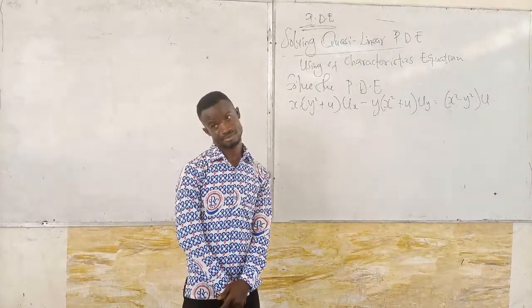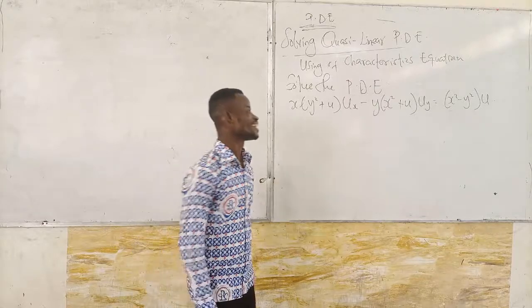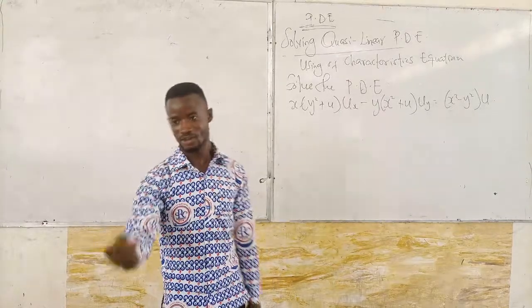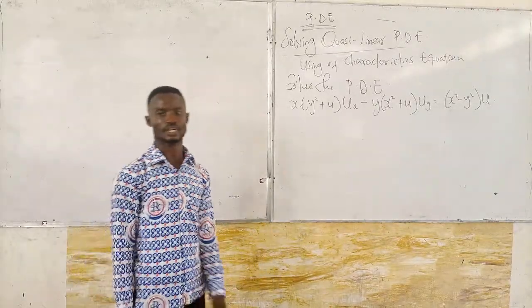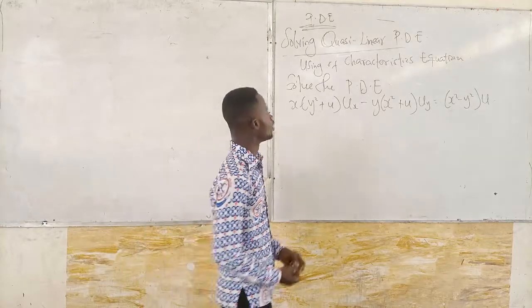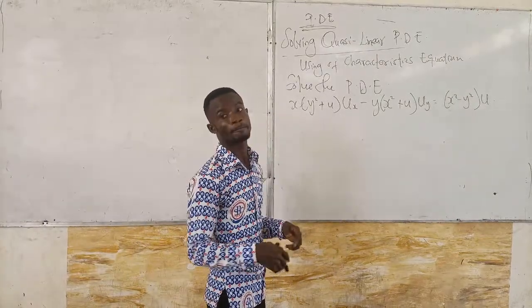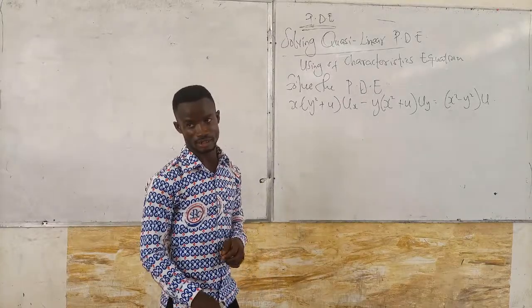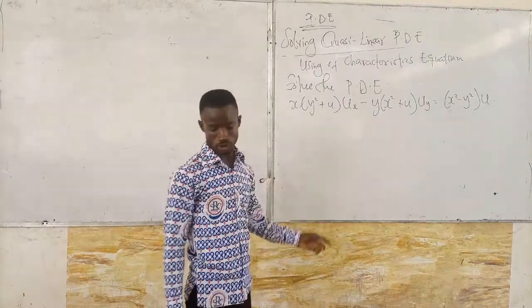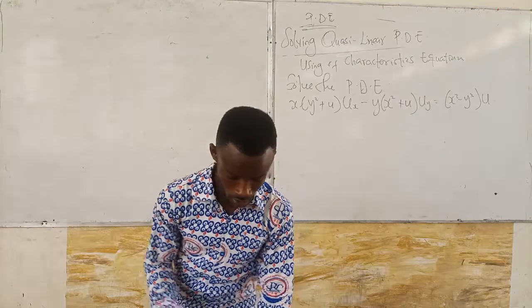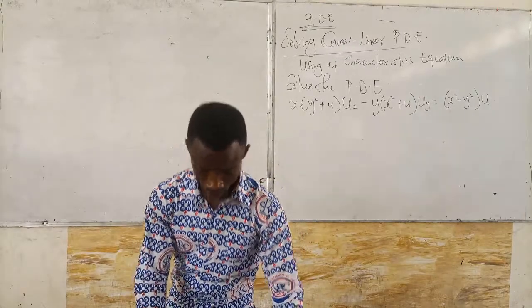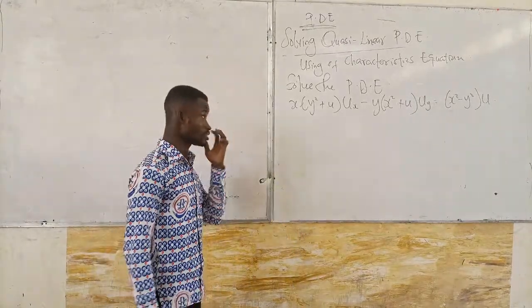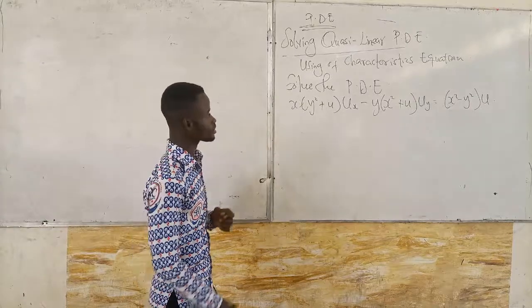It's crazy. I want it crazy. Okay, so let's see. What is the first thing to do? We are using the method of characteristics.